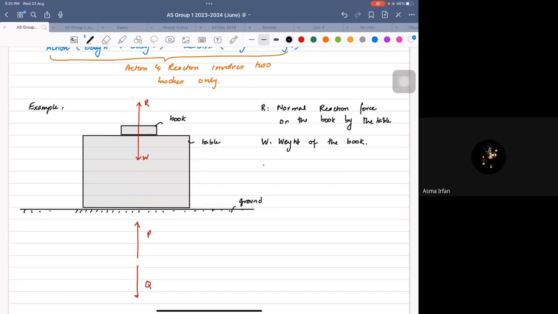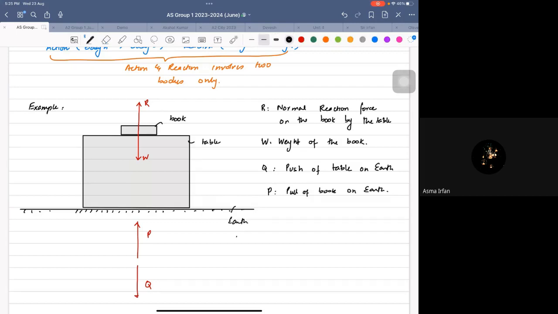Q is the push of the table on earth, and P is the pull of the book on earth.